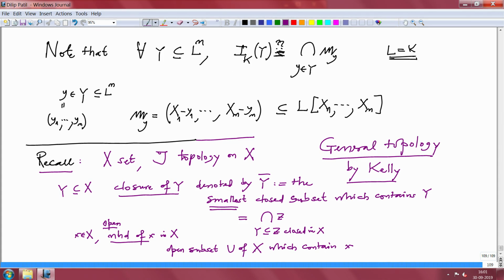Not all open sets, but the open sets which contain the given element x are called open neighborhoods of x.